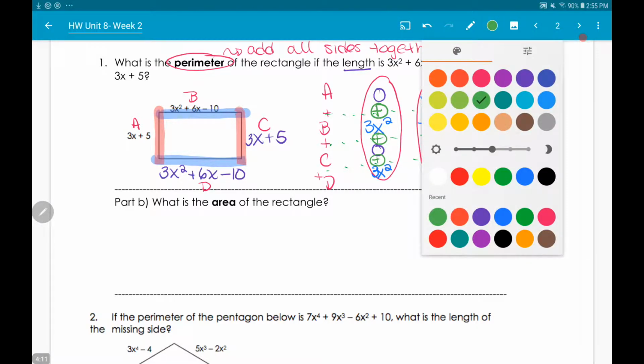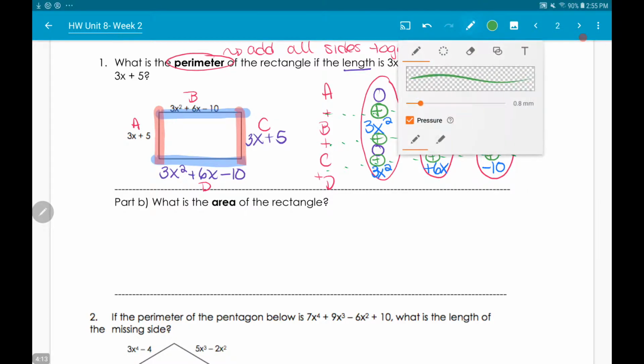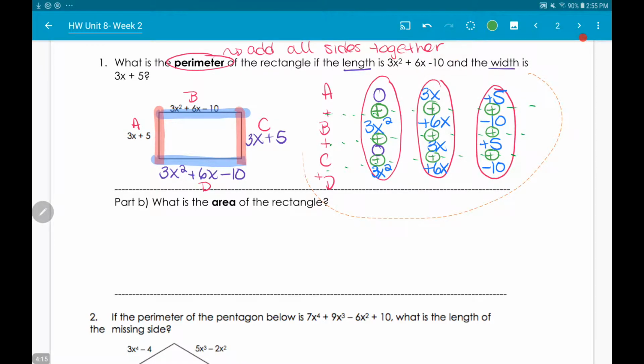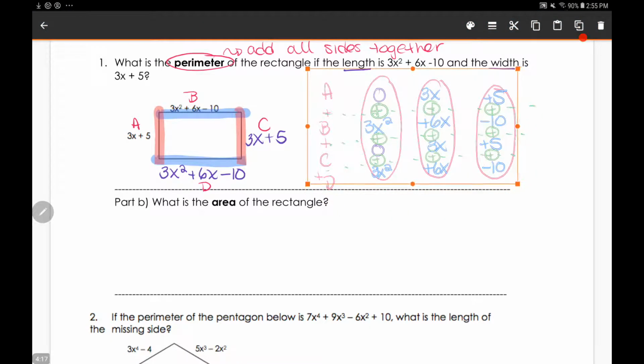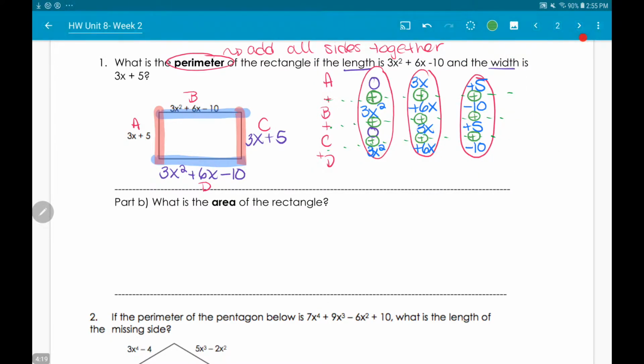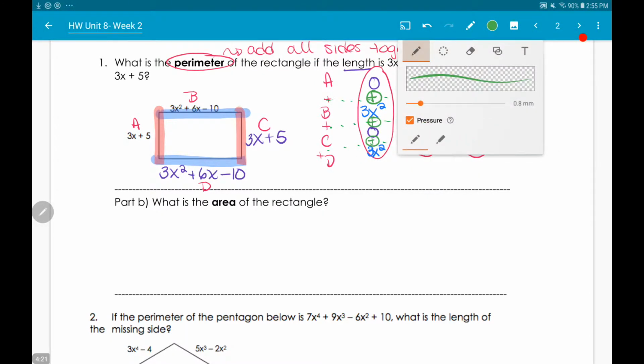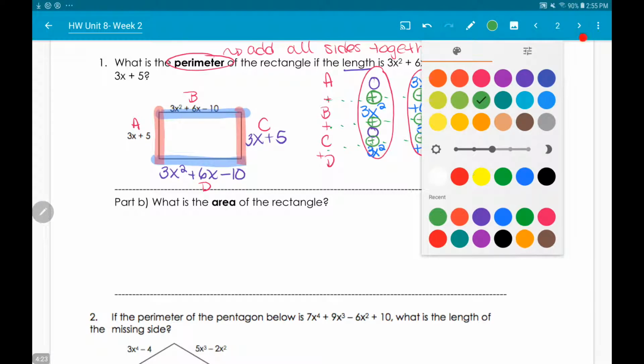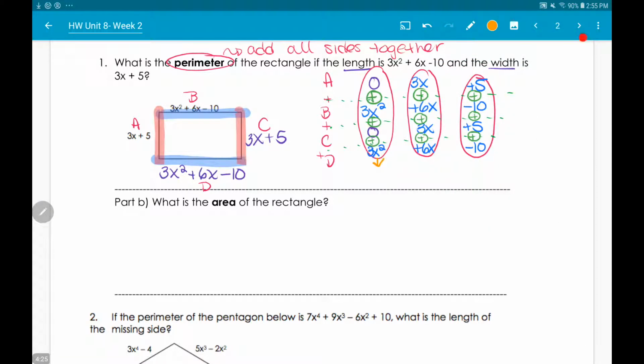All right, and now I'm going to go ahead and combine my like terms. Okay, so I have 0 plus 3x squared plus 0 plus 3x squared. That's 6x squared. Then I have 3x plus 6x plus 3x plus 6x.